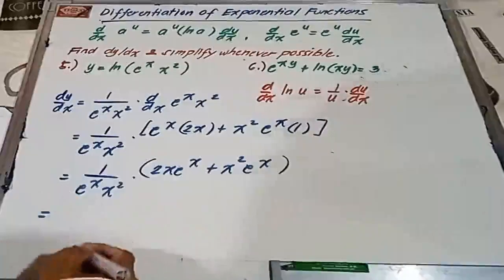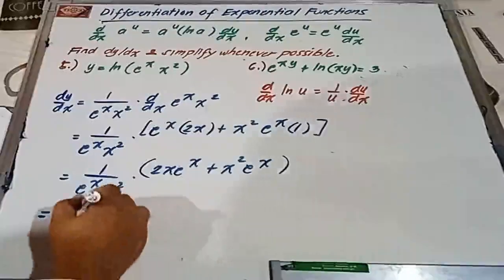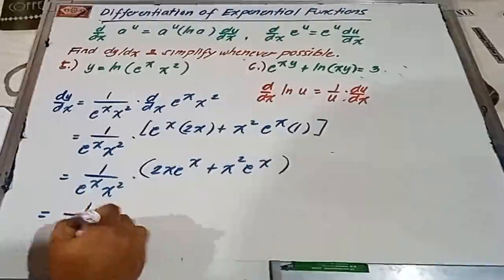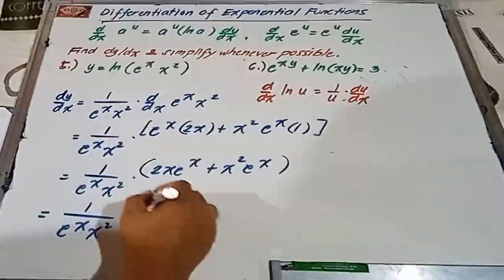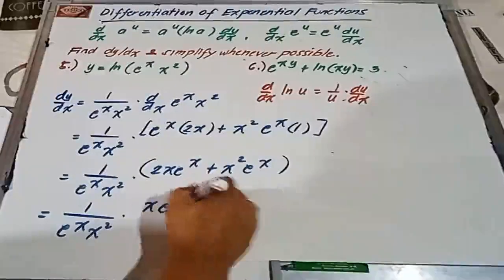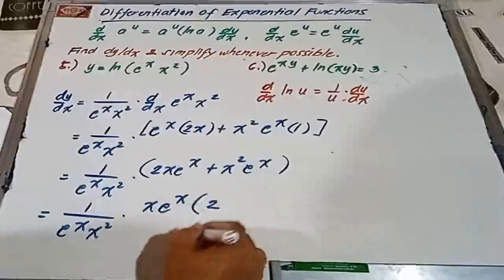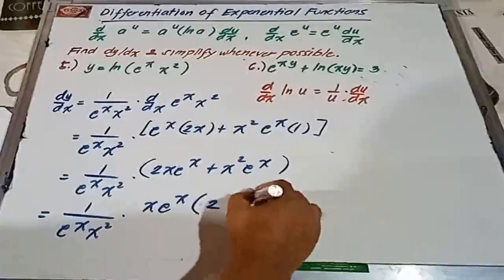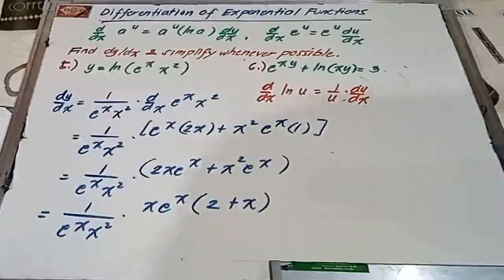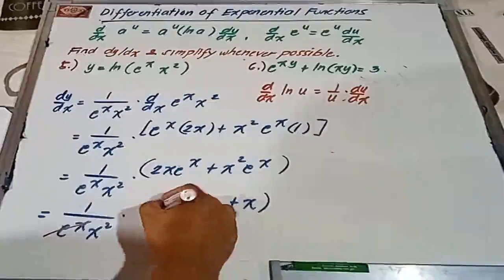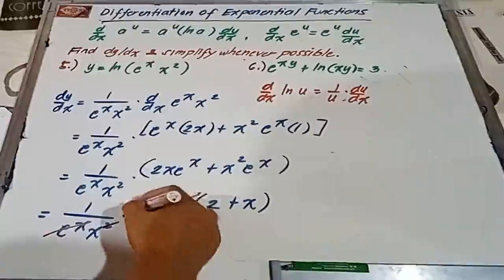Okay? Factorable dito si x e to the x. So, we have 1 over e to the x squared. Factorable si x e to the x. We have 2 here plus x here. Okay? So, pwede natin makancel yung e to the x. Pwede matanggal yung isang x here sa baba.